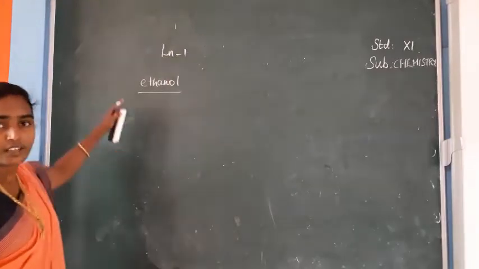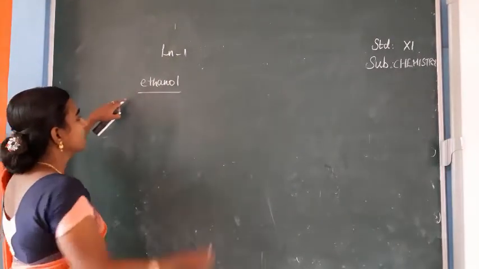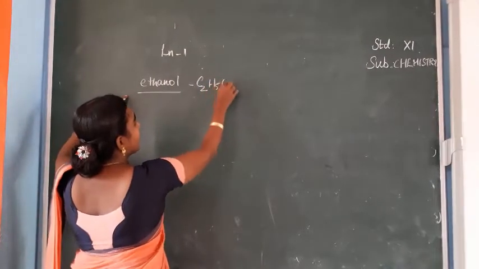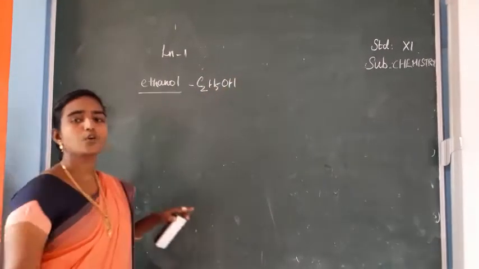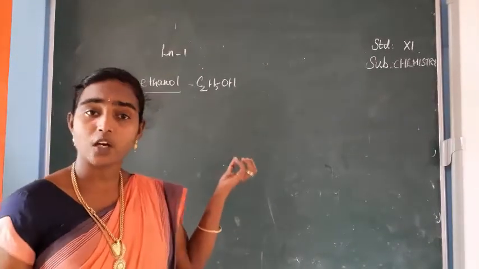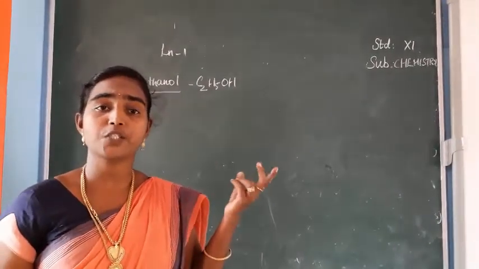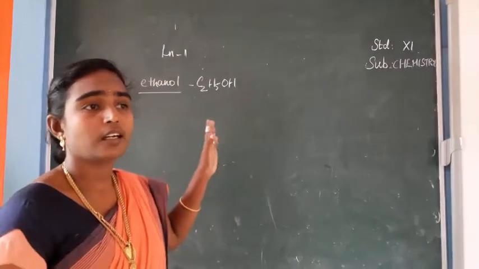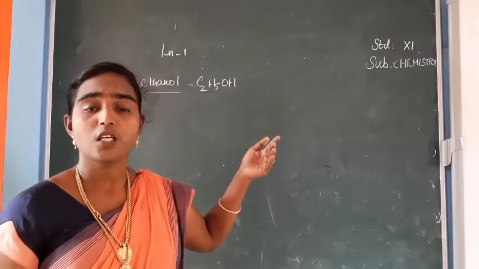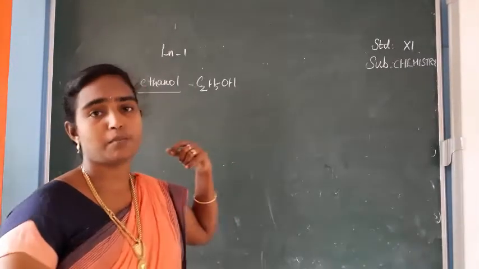lesson 1 in your 11th standard portion, okay? So ethanol, its formula, if the question is asked, calculate the molecular mass of ethanol. If it is a 2-mark question, we can expect 2 compounds. They may not give the formula, they can give the compound name also.